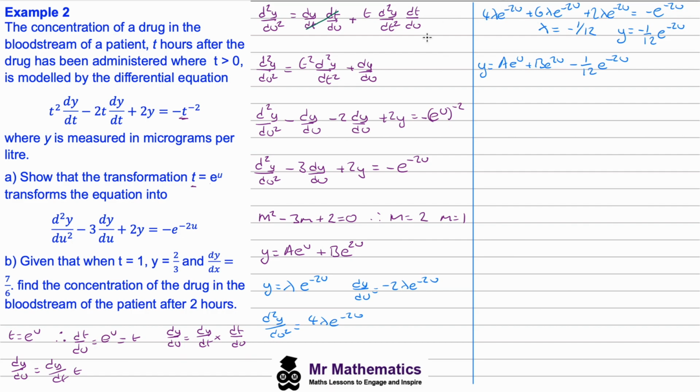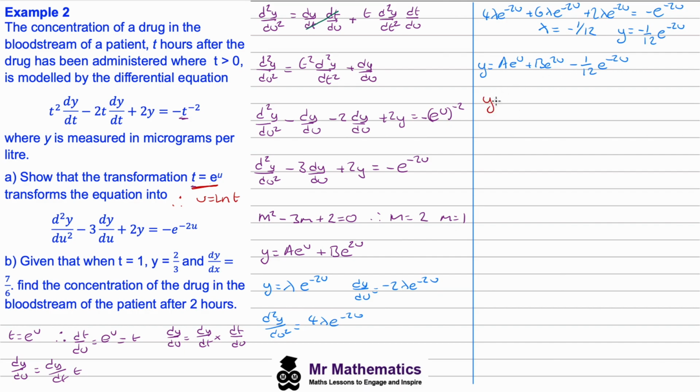And we know that t is equal to e to the u. So therefore, u must be the natural log of t. And I can substitute this now back into our general solution.